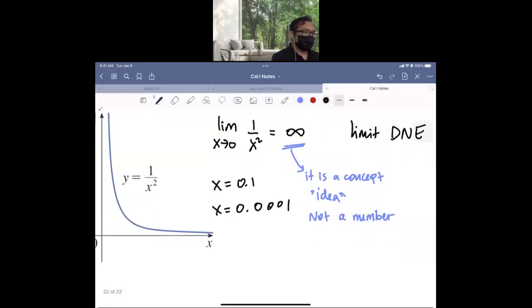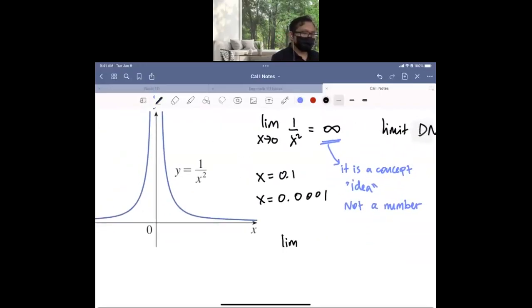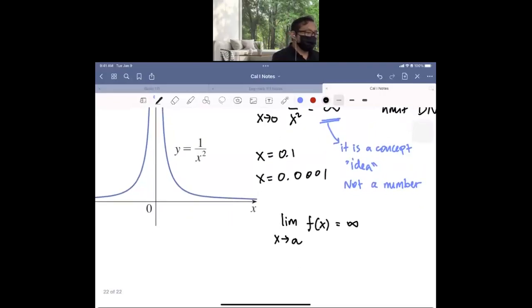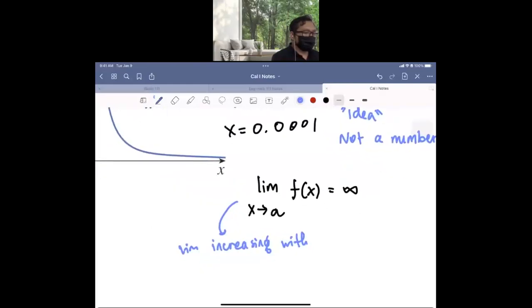So we can say that when we have the limit as x approaches some a of the function f of x, and we say this is equal to infinity, this means that the function is increasing without bound as x gets closer to a.